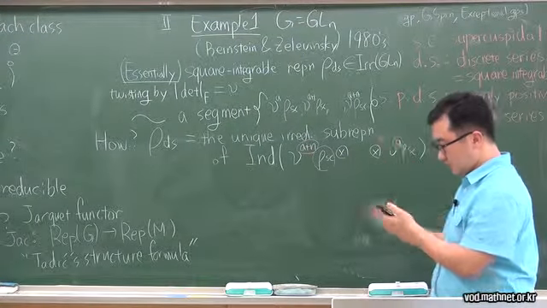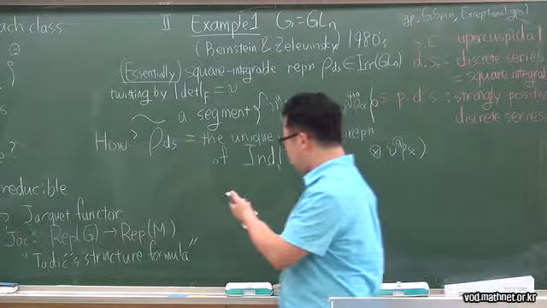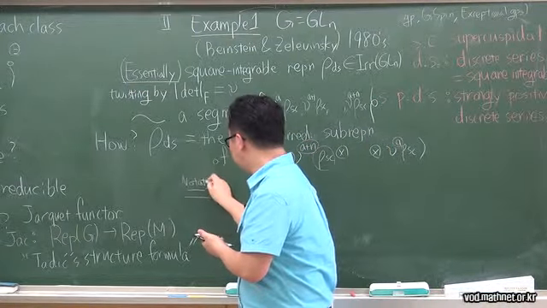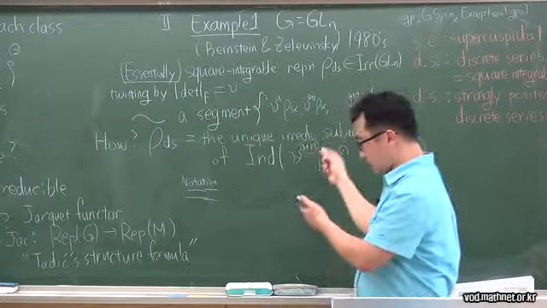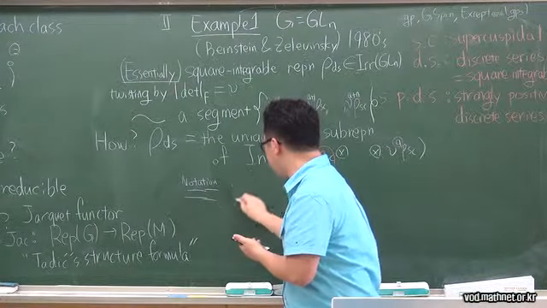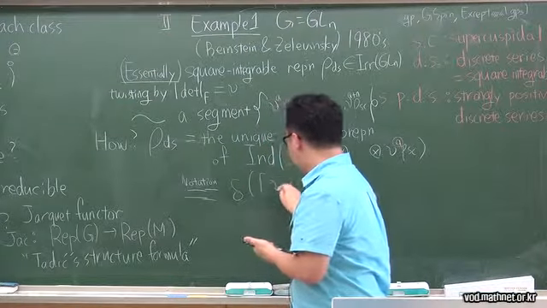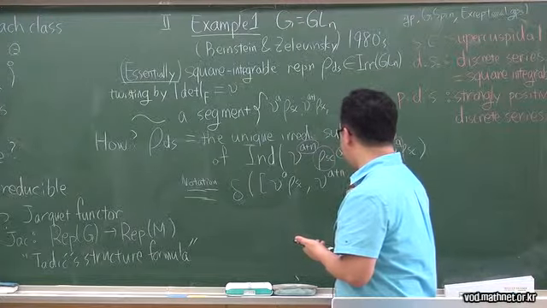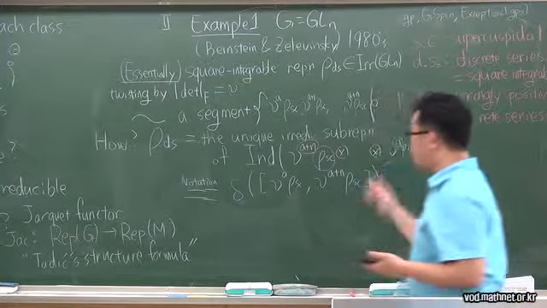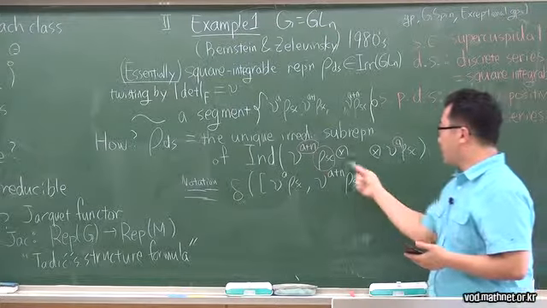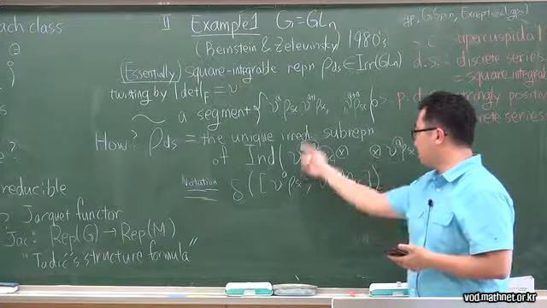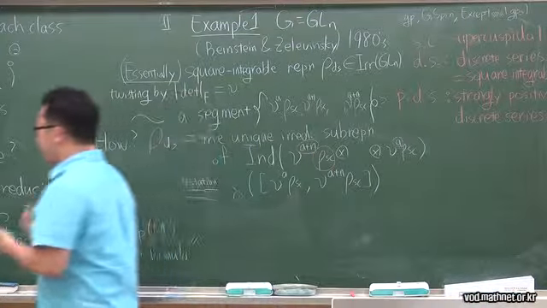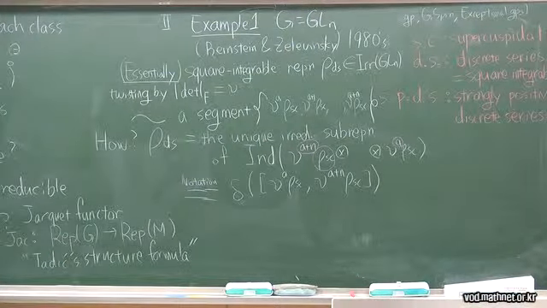So here we use this notation, delta, starting from a rho SC up to a plus n rho SC. This is just notation, meaning the unique irreducible sub-representation of these induced representations. Okay, so in the case of GLN, it is fully classified by, yes?